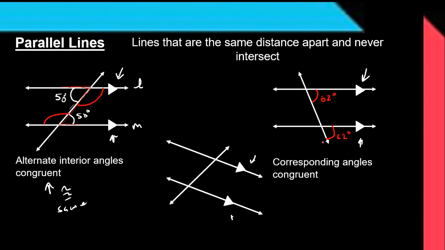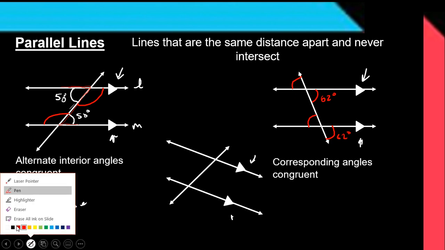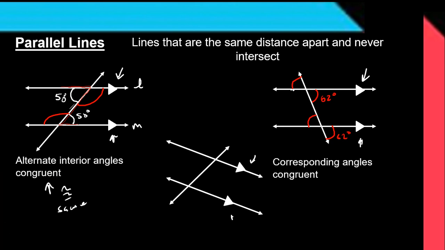Another example of corresponding, there's plenty: this angle and this angle here. If I change my color, this obtuse angle and this obtuse angle are corresponding, and this angle and this angle are corresponding, and they are congruent.